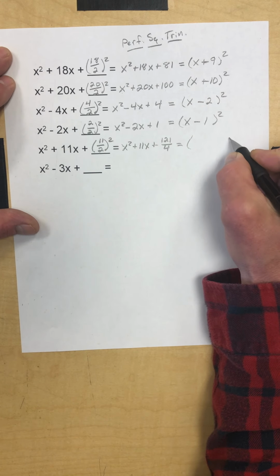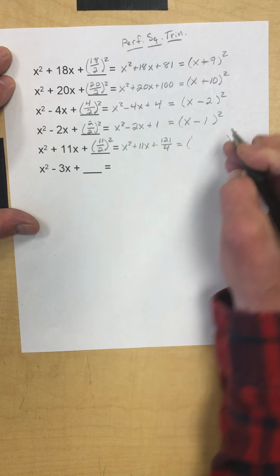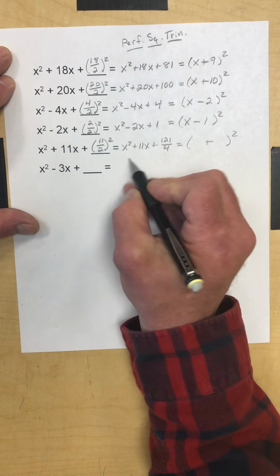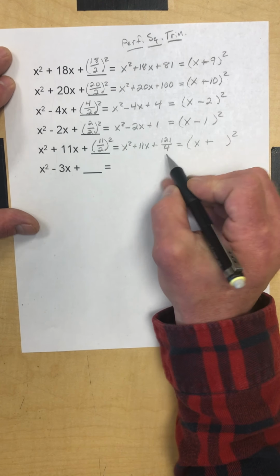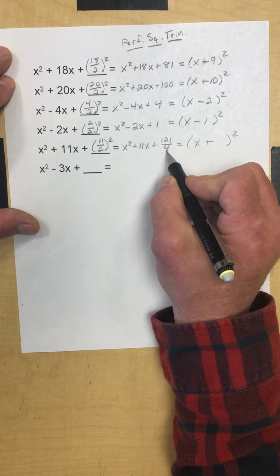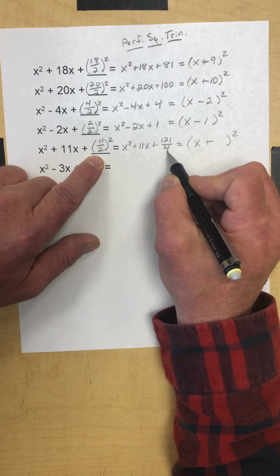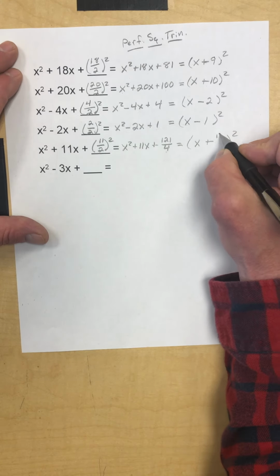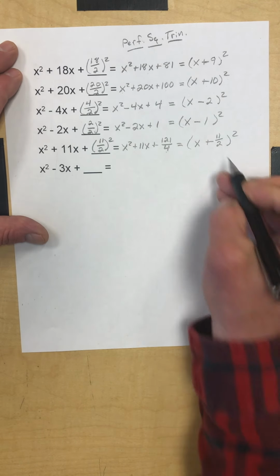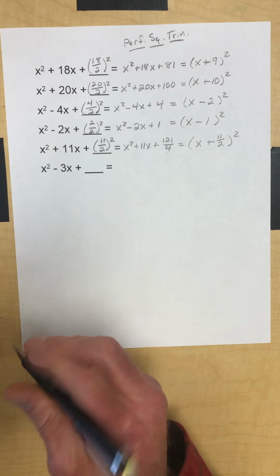Okay, so that factors into the square of a binomial. Bring the sign of the middle term over. The square root of the first term. The square root of x squared is x. The square root of the third term. Well, this resulted from squaring 11 halves, so the square root of 121 over 4 is 11 halves. Okay, so that'd be x plus 11 halves squared. And this right here is the factored form of our perfect square trinomial.